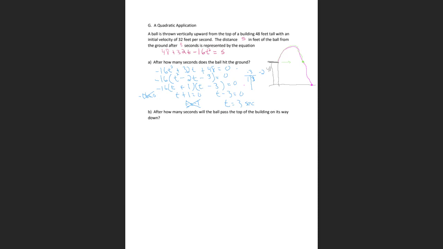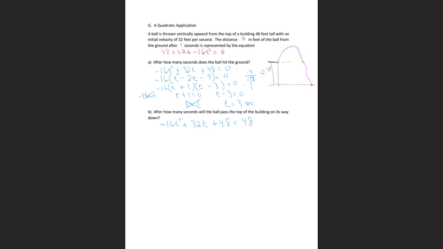Luckily, we don't have to write this formula. So again, I'm going to rewrite it the other way around. I'm going to make that negative 16t squared plus the 32t plus the 48. And that's going to now equal 48, since we're talking about when it passes the building on its way down.